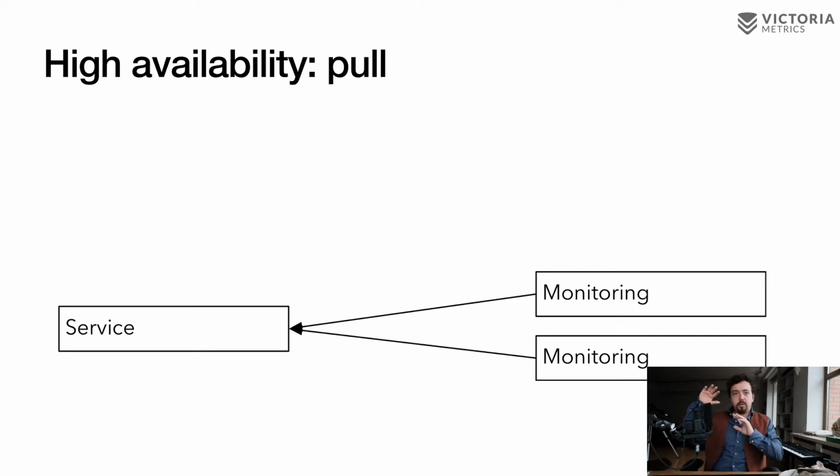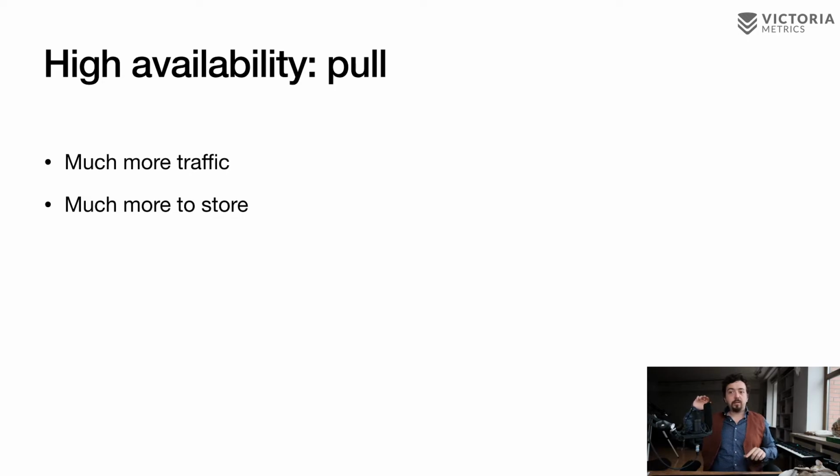One node doesn't know anything about the other node, and you need to scrape data 2 times. So that means you will have much more traffic in scraping, at least twice more.